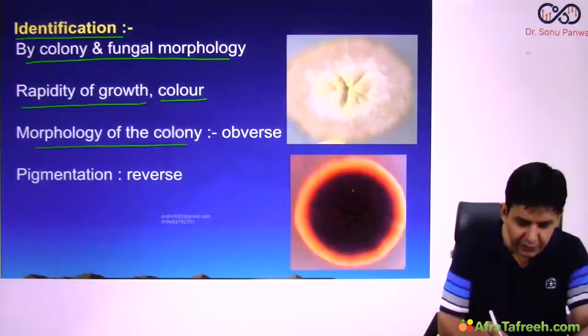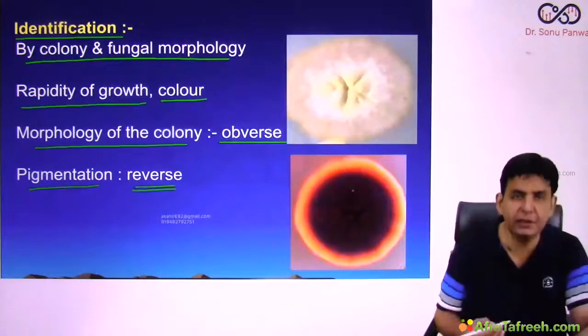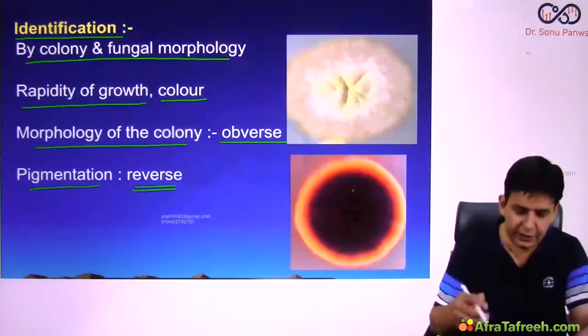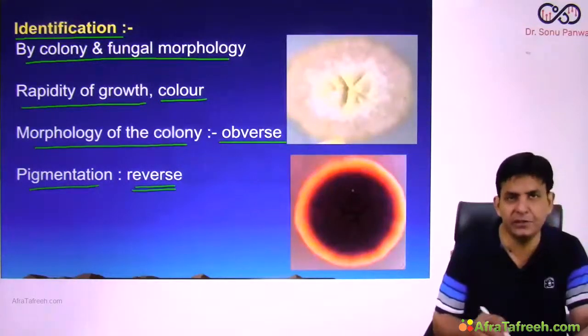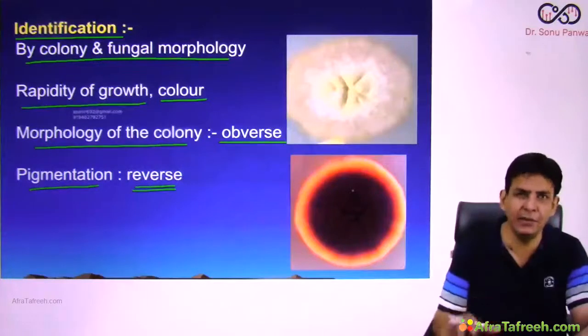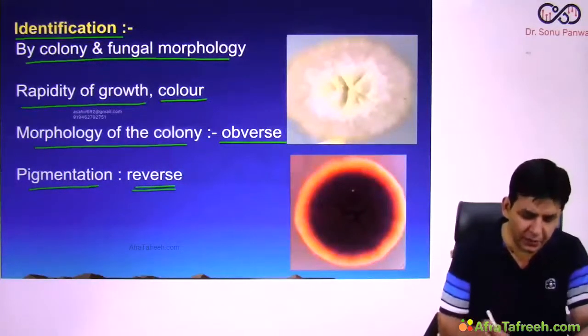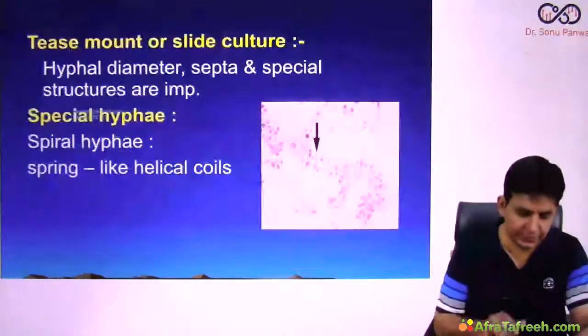What is the morphology of the colony, which is termed as obverse, and pigmentation of them, that is termed as reverse. So remember, morphology is termed as obverse and pigmentation is termed as reverse. They are the names given to them. So don't go into that, just remember the morphology and pigmentation. You have to look at these to identify the fungus.